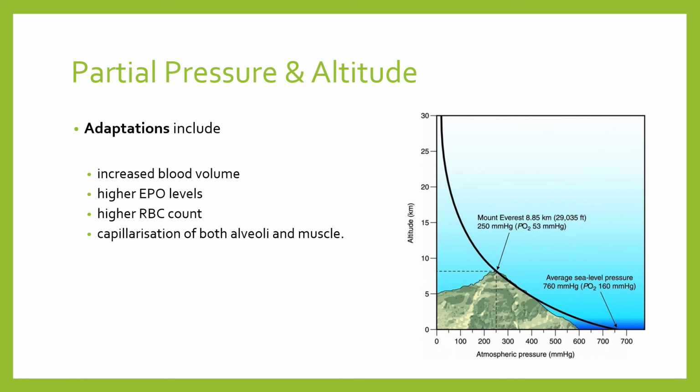More capillaries, a greater capillary density, a greater capillary network means more places where oxygen and carbon dioxide can be transferred. So the whole system is trying to create a way of being more efficient because it's recognized that the availability of oxygen is lower due to those lower partial pressures, that lower diffusion gradient.